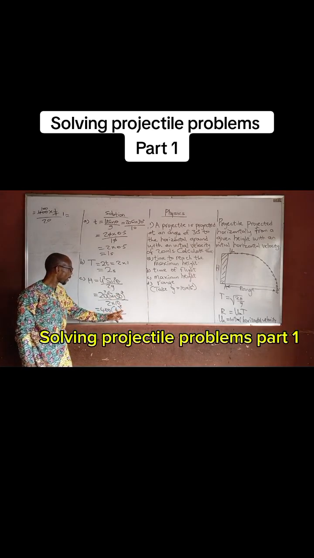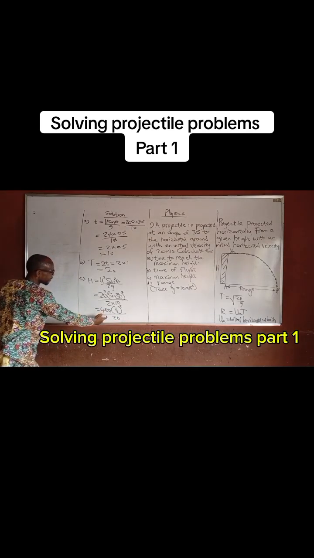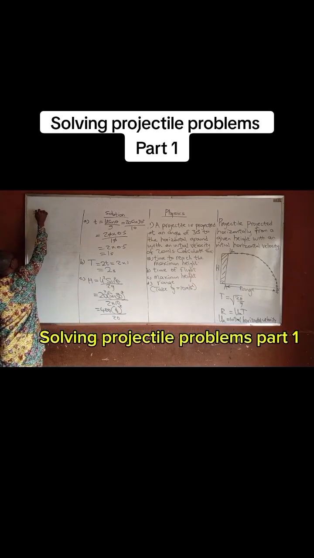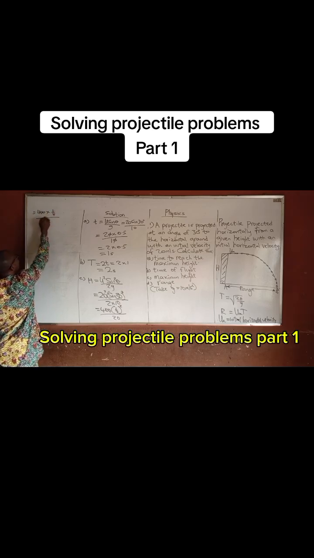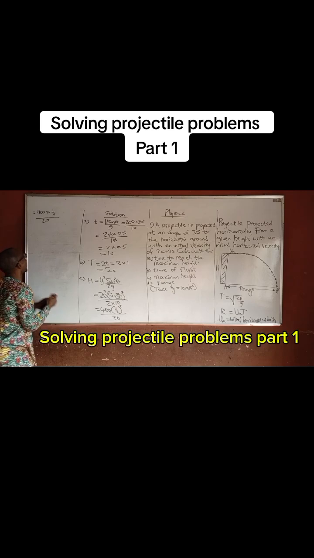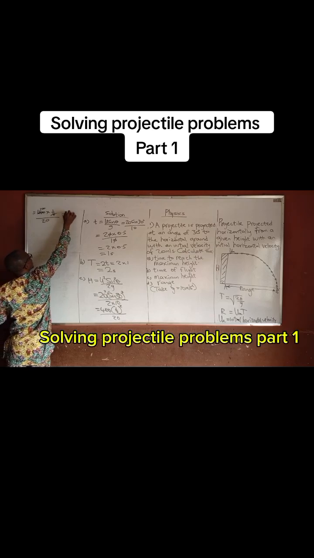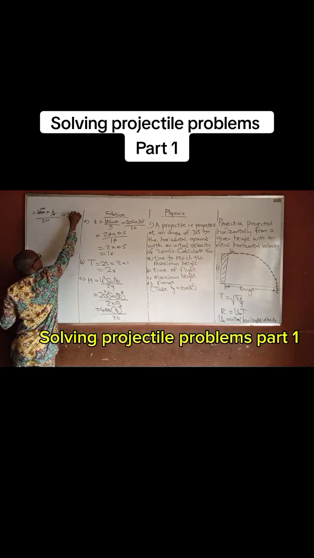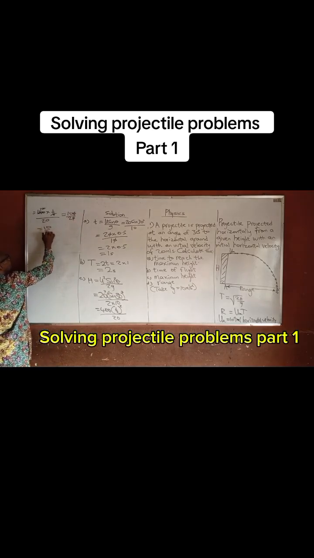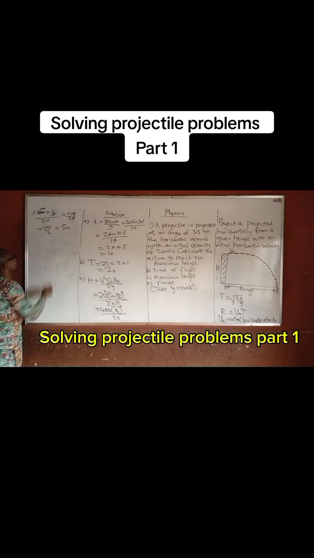When we raise this to the power of 2, we now have 400 times 1 over 4 all over 20. Now, 4 we cancel 400 here. What do we have? 100. This gives us 100 divided by 20. 0 cancel 0. We now have 10 divided by 2. And this gives us 5 meters. So our maximum height is equal to 5 meters.